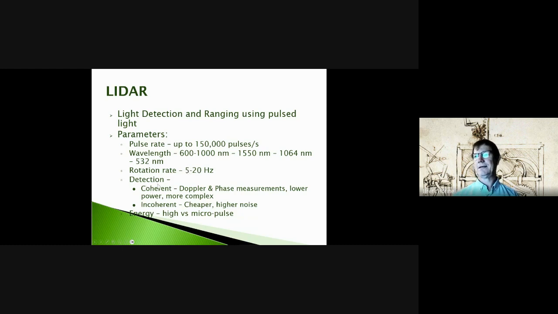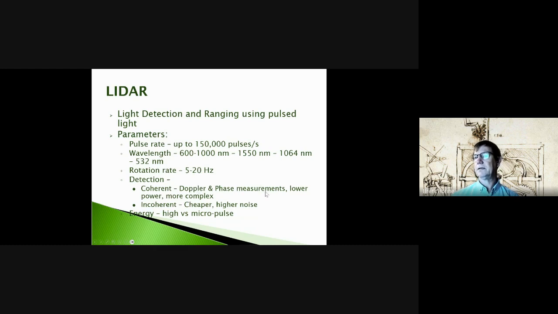Detection, you can do that coherently. That's where we're measuring not just the magnitude of the signal, but its phase. So it's a coherent detection. With this, we're able to measure phase and extract Doppler information.